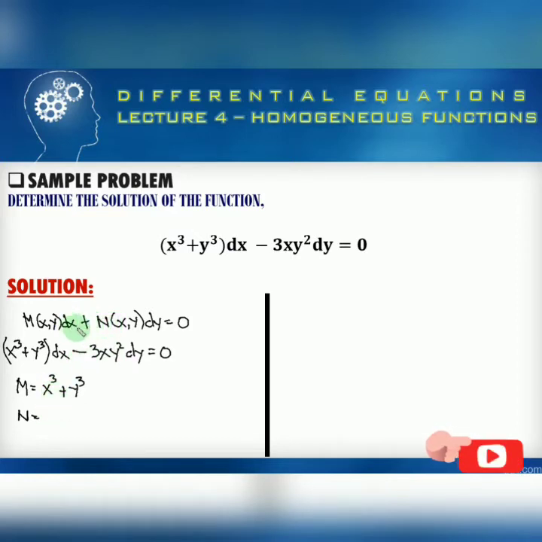In our general equation it is positive, but in the given equation it is negative, so we can say that our N is negative 3xy squared.